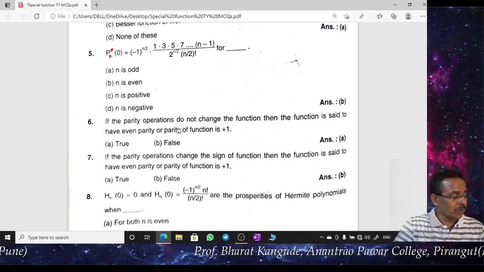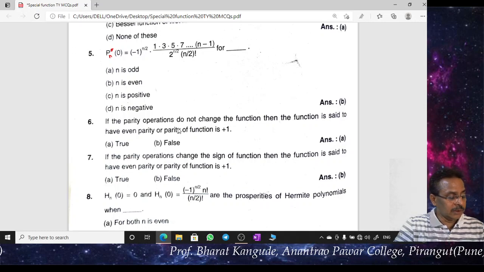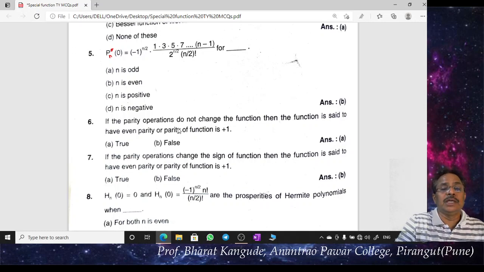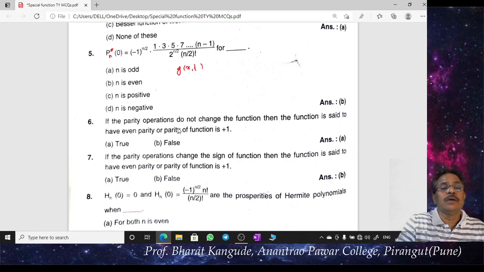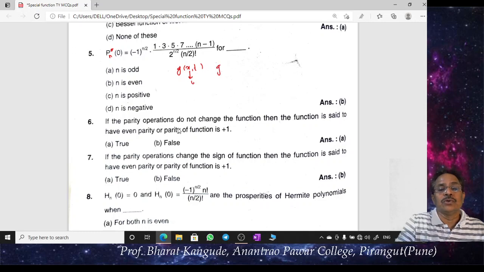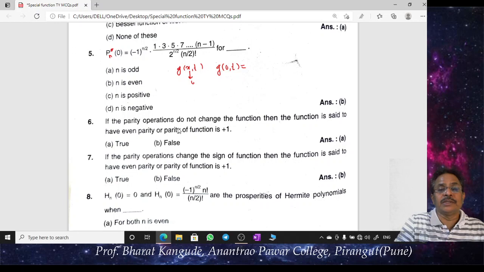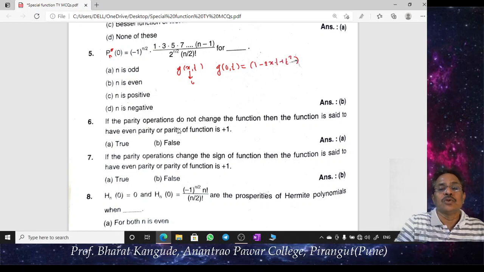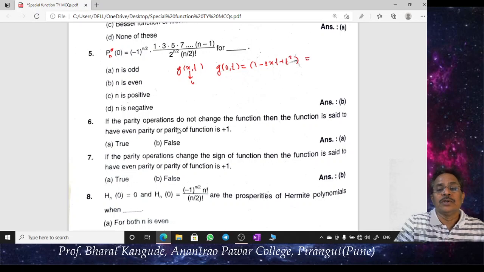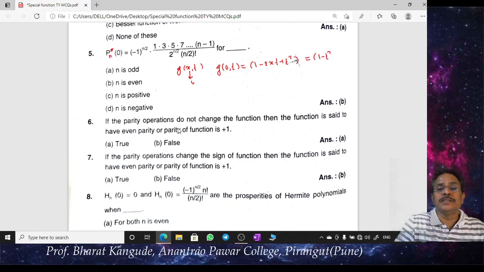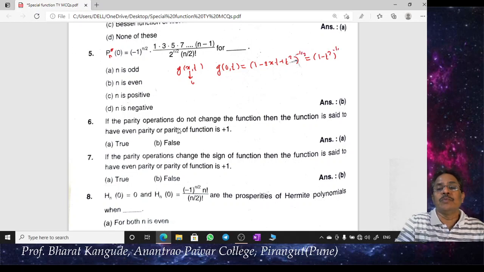Here, for that we have to go for its generating function g of xt. We are asked Pn of 0, that means we have to put x is equal to 0. So this is g of 0t. Now this g of 0t, if its function is 1 minus twice xt plus t square, so put x is equal to 0. So we will get this to be 1 minus t square, which is actually raised to minus half.